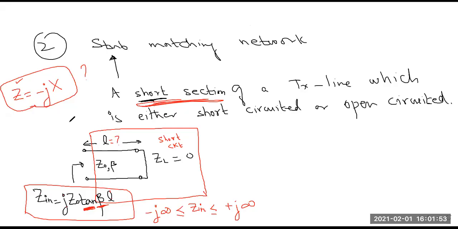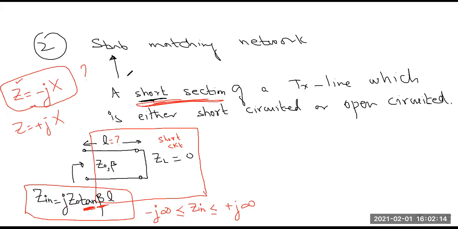Capacitive element. Yes, it is a capacitor. And if Z is equal to plus j something, it must be an inductor. So by varying the length of this short-circuited transmission line, it can behave as a capacitor or as an inductor.